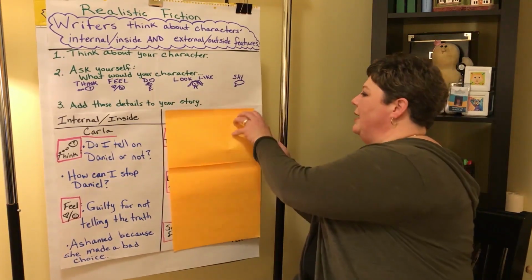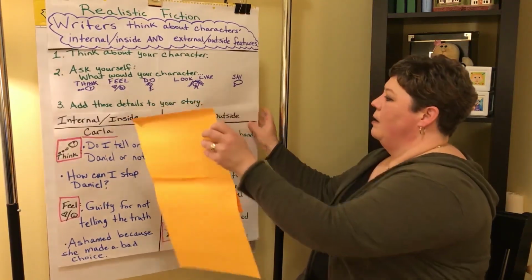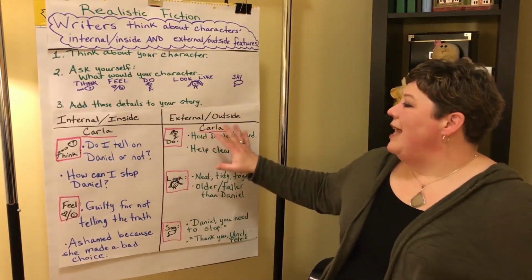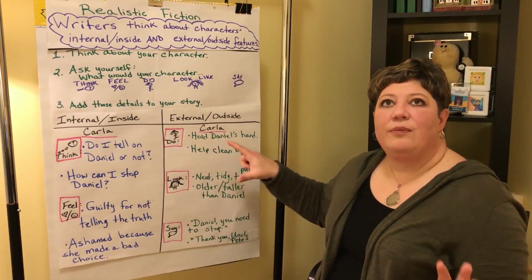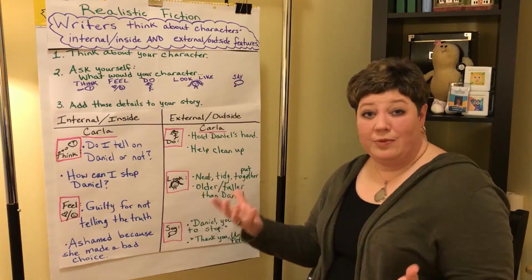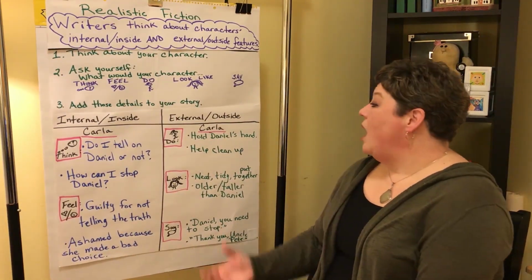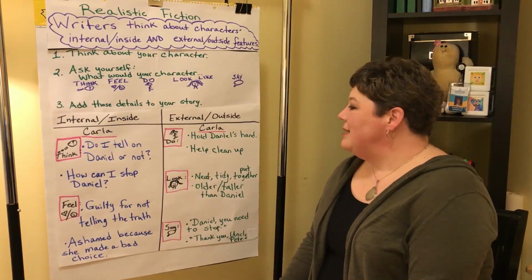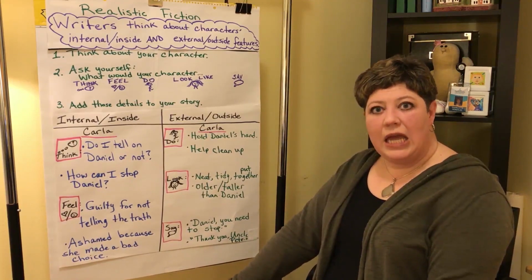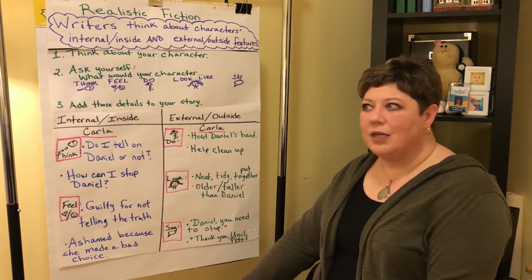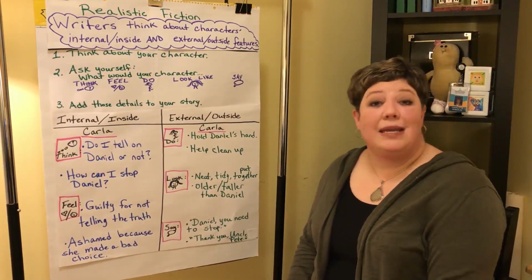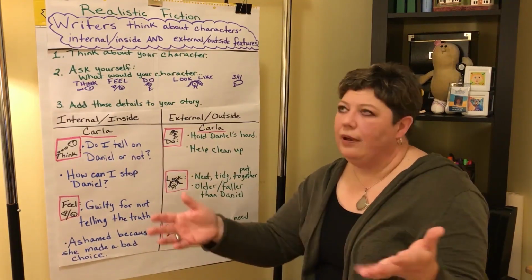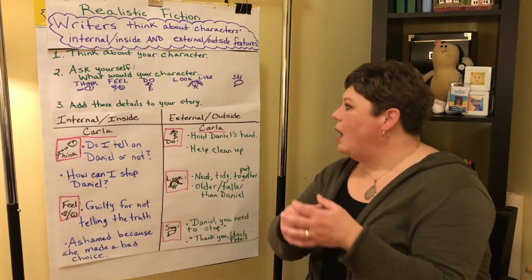On the outside, let's see what we're thinking here. On the outside, these are things that other people could observe in Carla. So they could see what Carla does. They might see Carla holding Daniel's hand, being that responsible older cousin. They might see her help clean up after Daniel makes a mess.